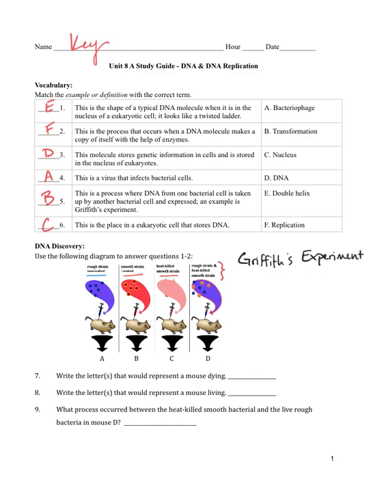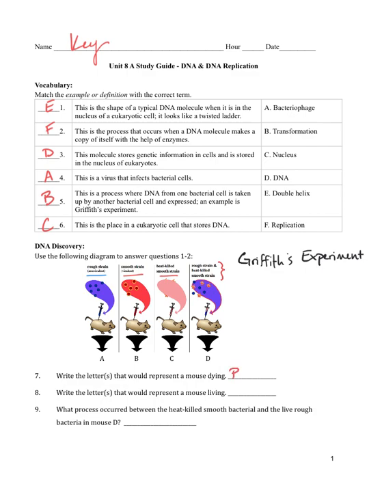Number 7 says write the letter or letters that would represent a mouse dying. So when a mouse was injected with the rough strain of bacteria, like he is here at letter A, the mouse lived, so we don't have to write that one down. When the mouse was injected with the smooth strain at letter B, the mouse died because smooth strain is virulent.